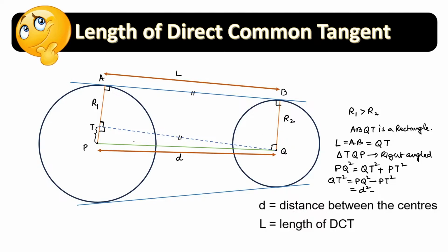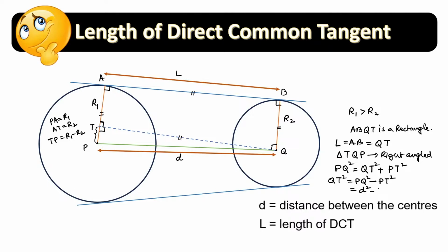As ABQT is a rectangle, therefore we will say that the length of QB is same as TA. PA is the radius of this circle, which is R1, and AT is same as your R2. Therefore, your TP will be R1 minus R2. Am I correct?